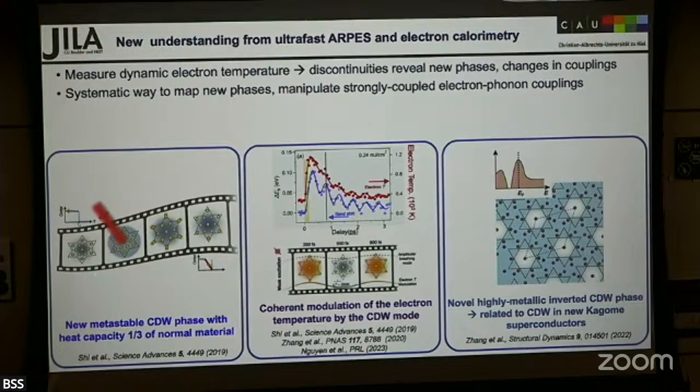And it turns out that because the amplitude mode is mostly in plane, if you excite this material, for a while you actually have a more monolayer-type material.